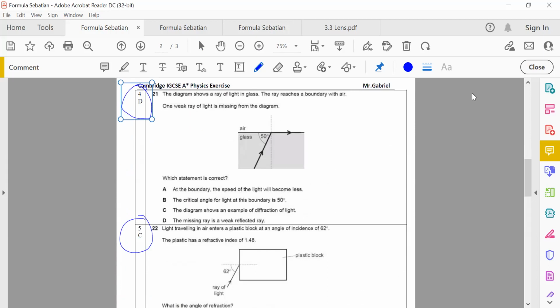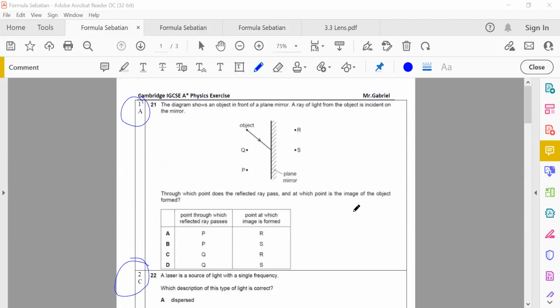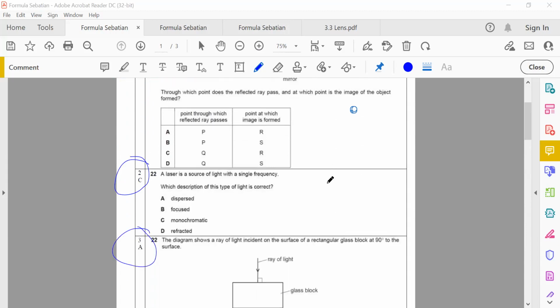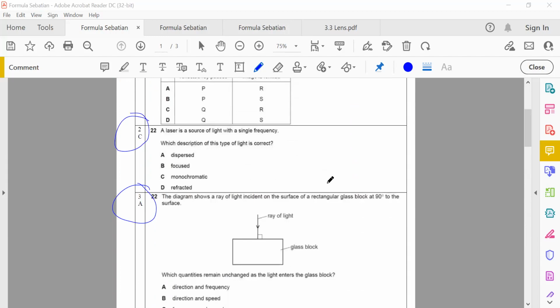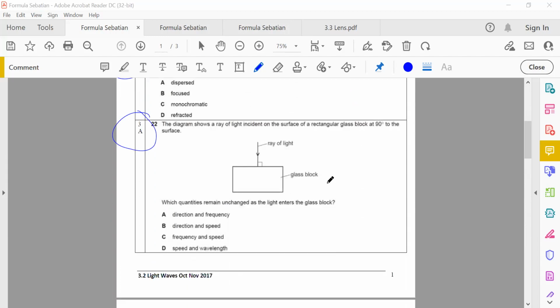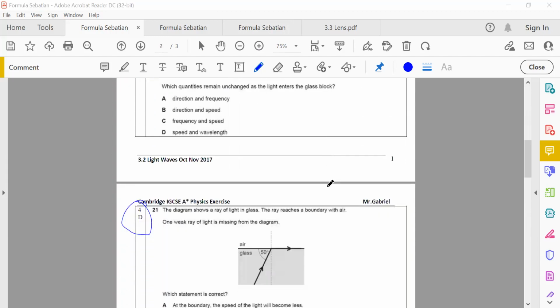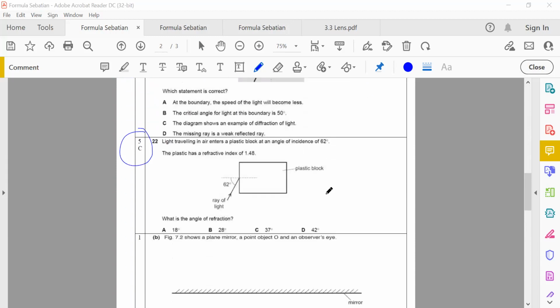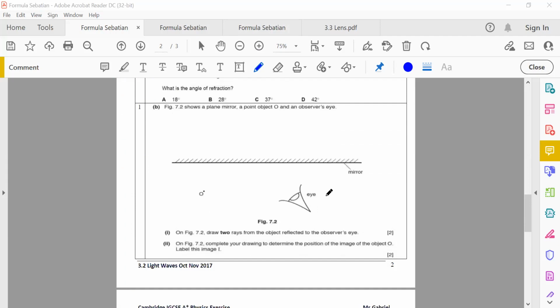Anyone needs me to explain any of these questions here from the ABC part? Assuming everyone did it correct. Well, let's move on to the next part then.